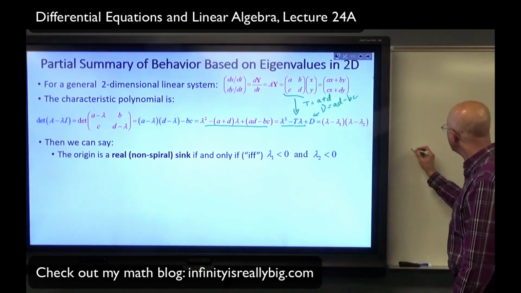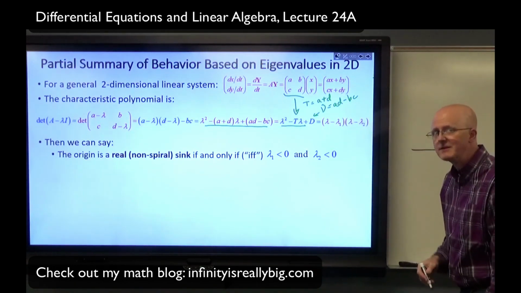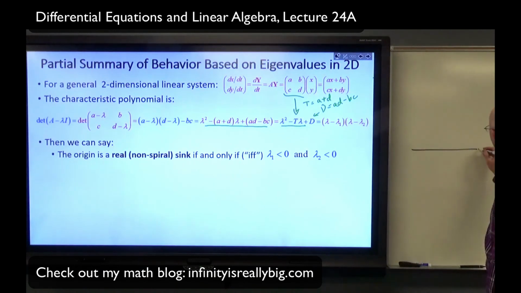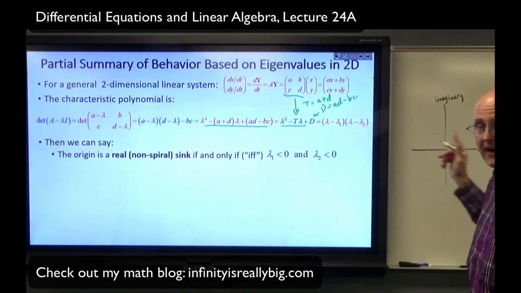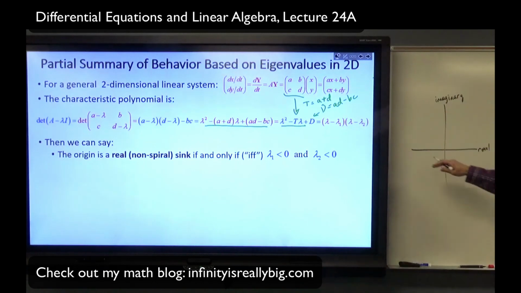I will draw a complex number plane here, the complex plane, where the horizontal axis is labeled with the word real, and the vertical axis is labeled with the word imaginary. But remember, those are just labels. The imaginary axis is there. I did draw it. You imagine this as being what's called the complex plane.